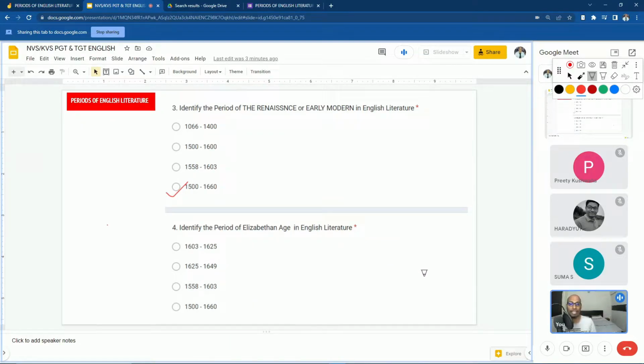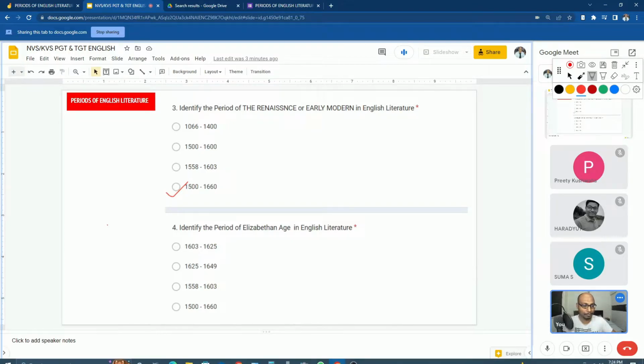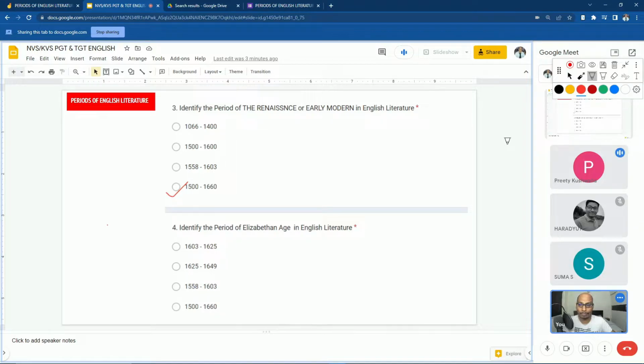Identify the period of the Elizabethan age in English literature. 1558 to 1603. Option C, 1558 to 1603.